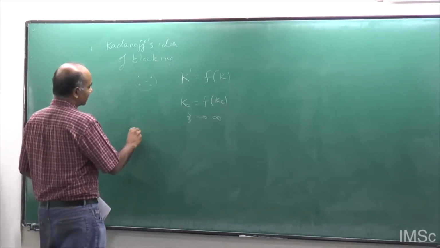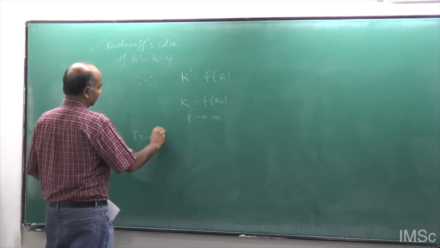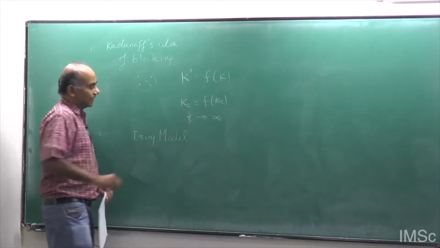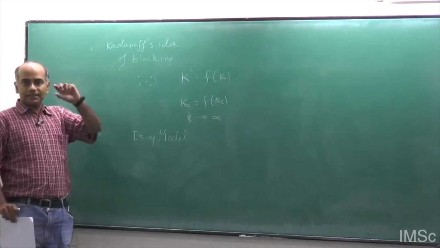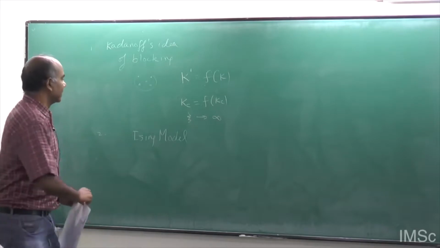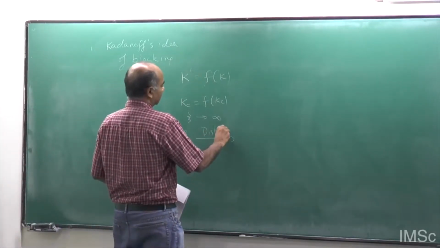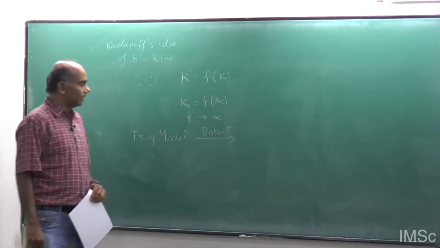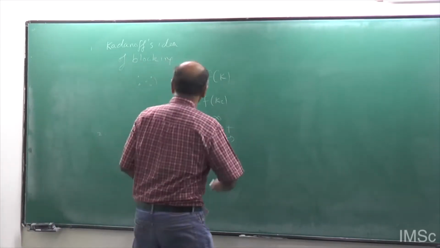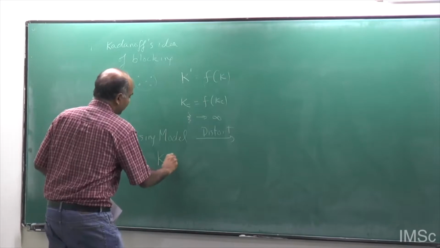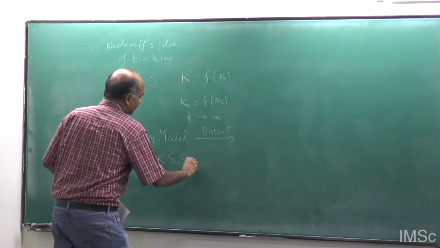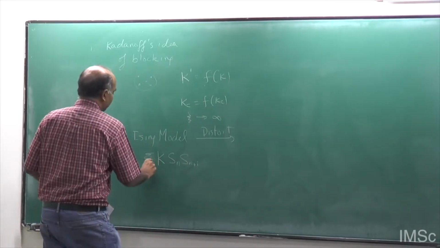And we started with the Ising model, which has discrete spin up, spin down. And then we distorted it to basically a model where the action is some k Sn plus I sum over n.